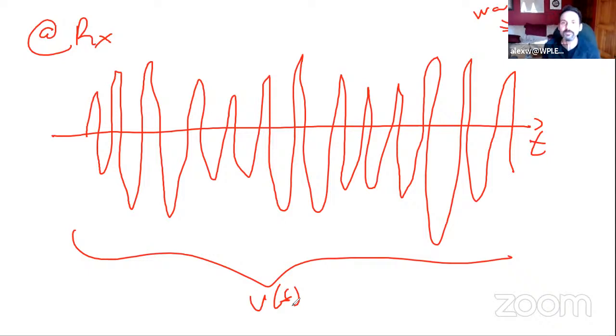So the detector, effectively, what it translates into is you get v of t. I need to do essentially the reverse process to extract out m of t, right? So how do you do that for AM? Well, what do we have?